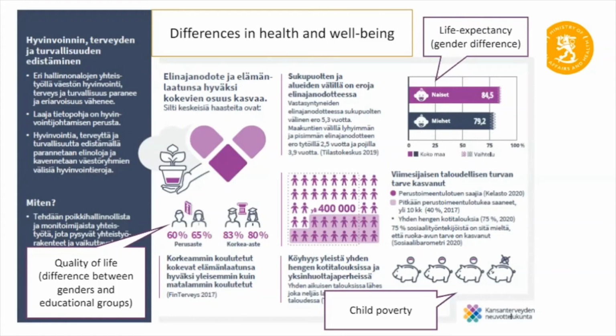So here are some examples. We have raised child poverty. In every fourth family there is poverty, children who live in poverty, and life expectancy between genders, and also quality of life, the difference between genders and educational groups.